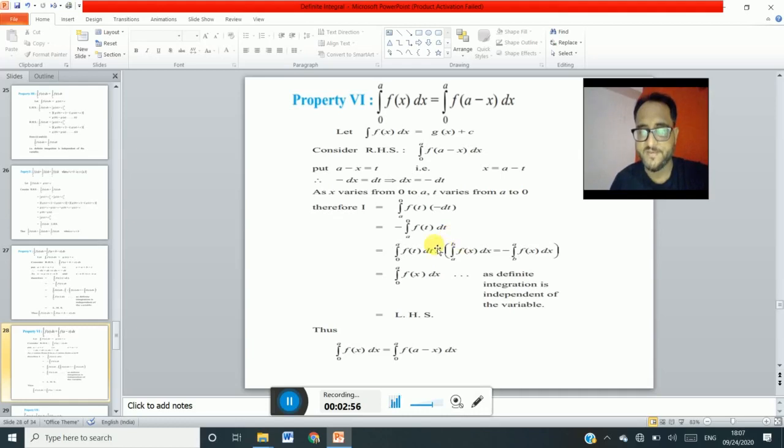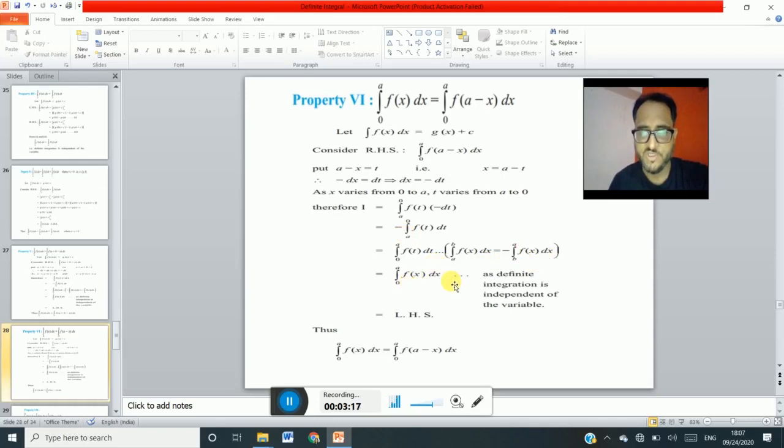Okay, then according to the previous property number third, if we interchange the limits, then the sign changes. So this is converted to integration from 0 to a of f of t dt, and the negative sign is cancelled, according to this property.